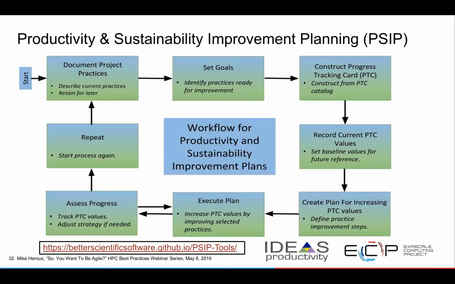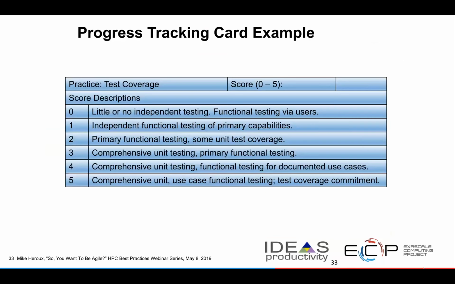And so this incremental approach we have found to be an attractive way of trying to get changes in our software teams done without disrupting too much our ability to still make progress in our scientific results. This is just an example of a progress tracking card where the scores go from 0 to 5. And so a team that hasn't done test coverage may have little or no independent testing.